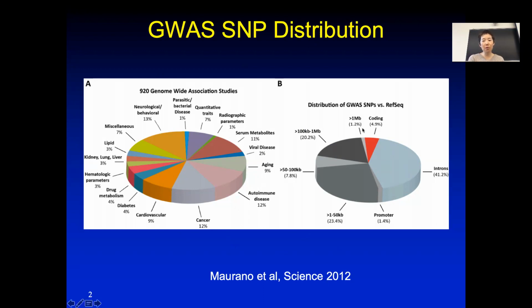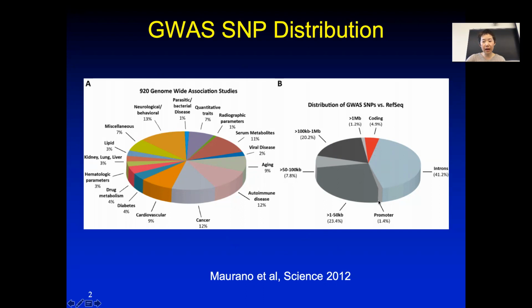Remember, initially people were hoping that if we find a SNP on a gene, we will know this gene is related to the disease. But to people's surprise, most of the GWAS hits actually don't land in genes. Less than 5% land in the coding regions of genes.